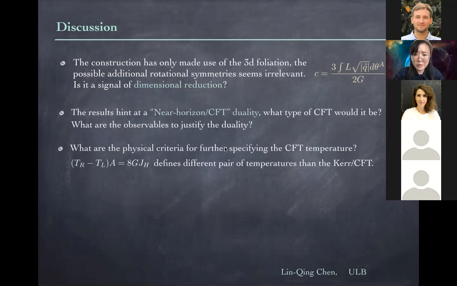Related to these near horizon CFT dualities, what is the physical criterion for further specifying the CFT temperatures? As the integrability conditions are only a linear combination, there is still a lot of freedom in T_L and T_R, right?